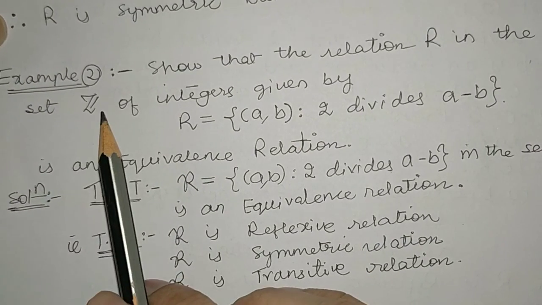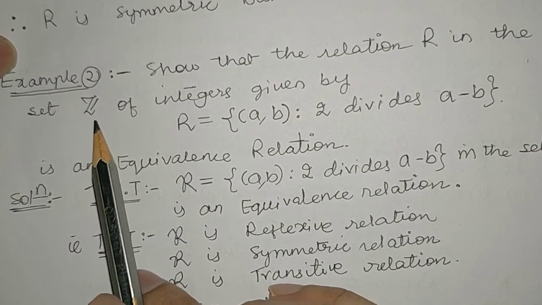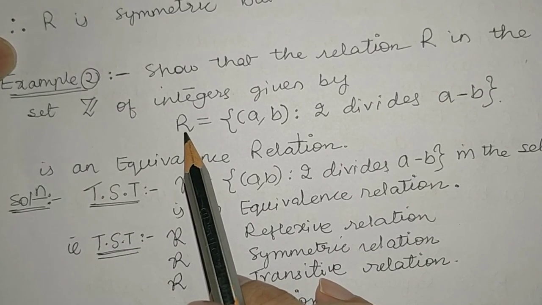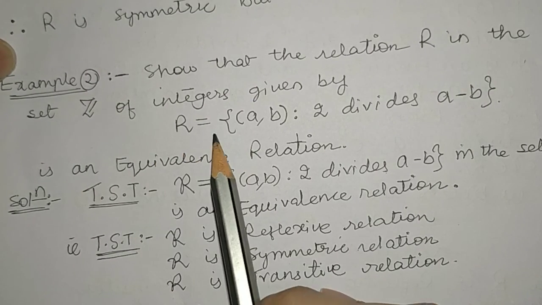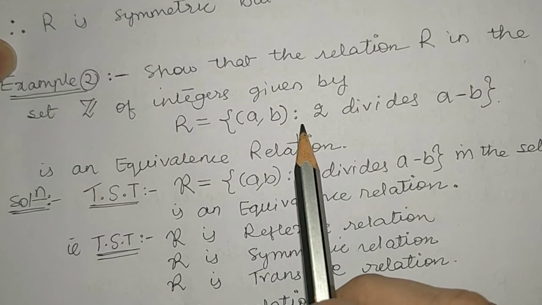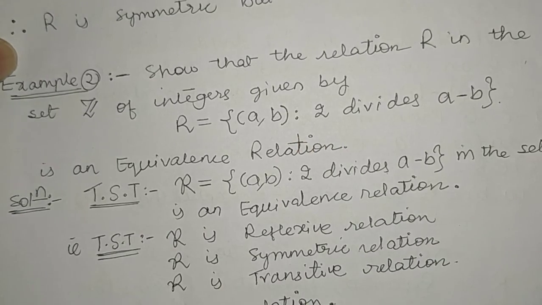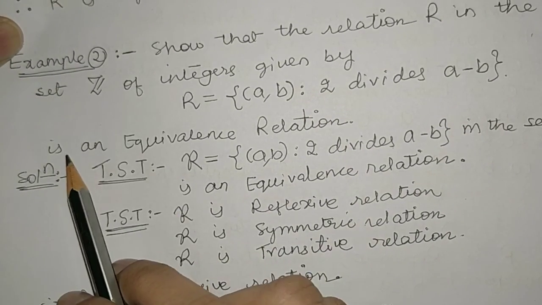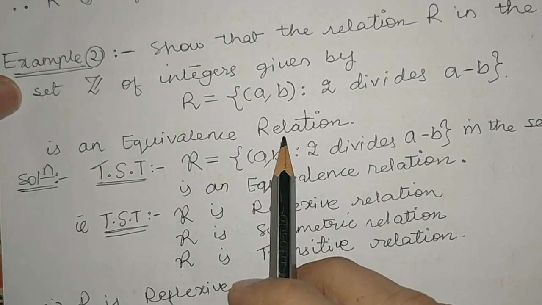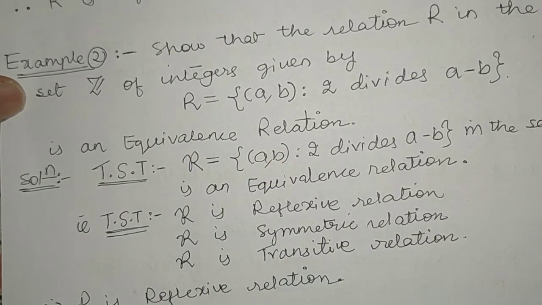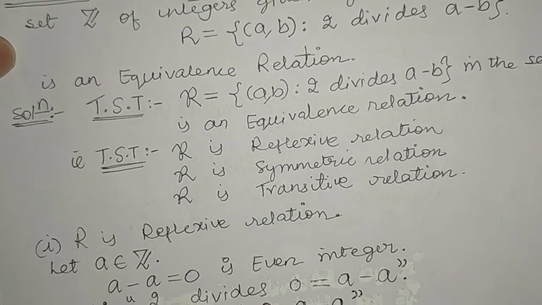So you have the set of integers Z, and the relation R in the set Z is given as a comma b such that 2 divides a minus b. We have to prove that R is an equivalence relation, okay?